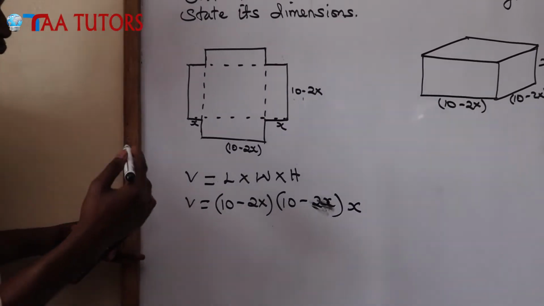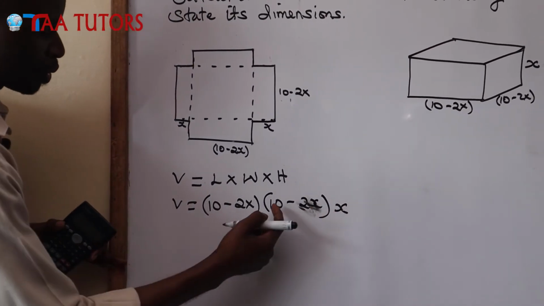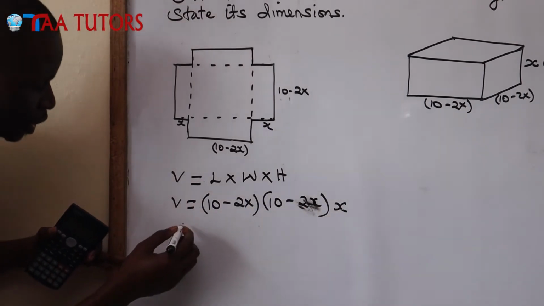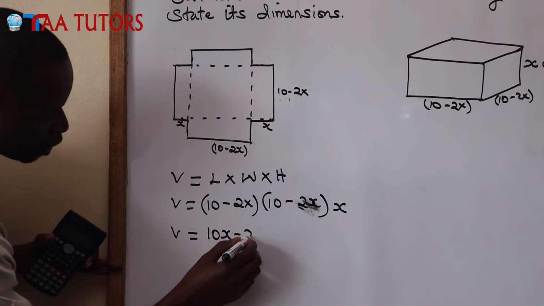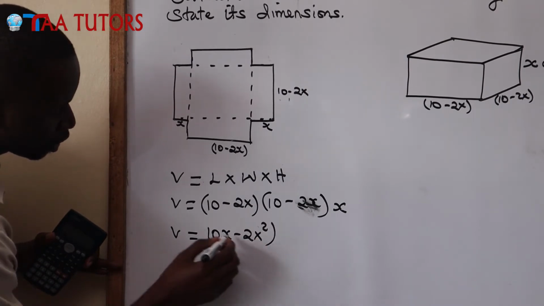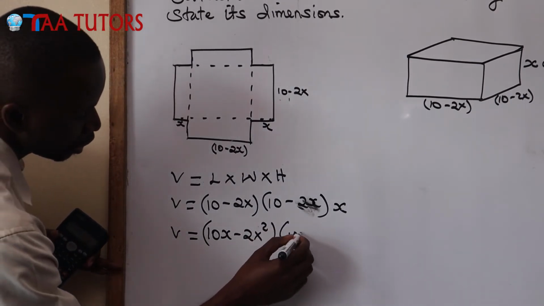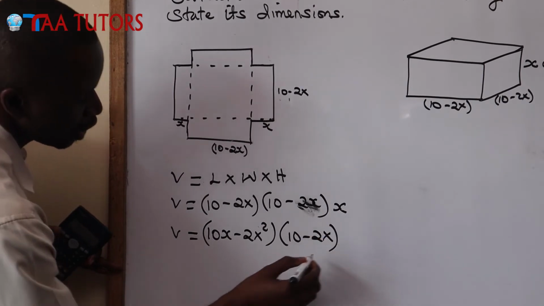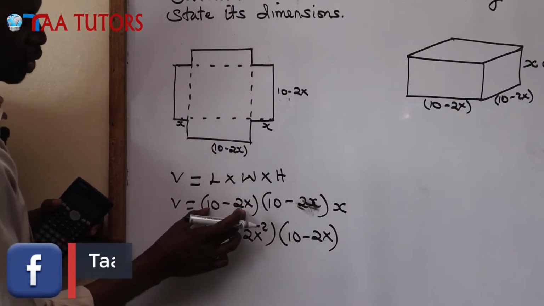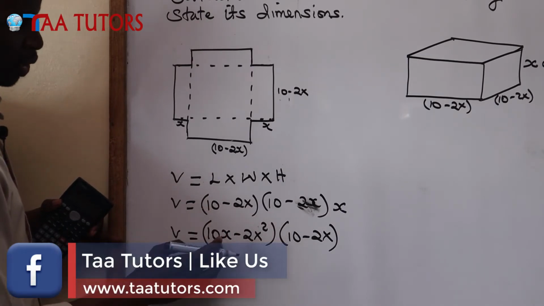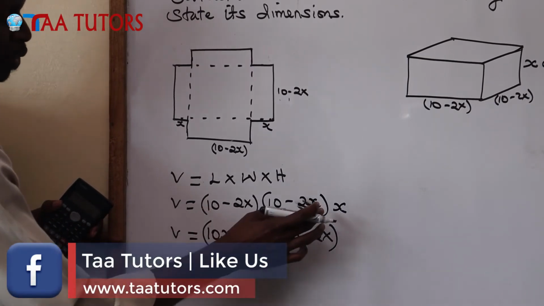Okay, so let us open the bracket. I will multiply x by this so that I get v equals 10x minus 2x squared times 10 minus 2x. What I've done here is I've taken x, multiplied, and opened this bracket. So I have 10x minus 2x squared, then I multiply by this one.